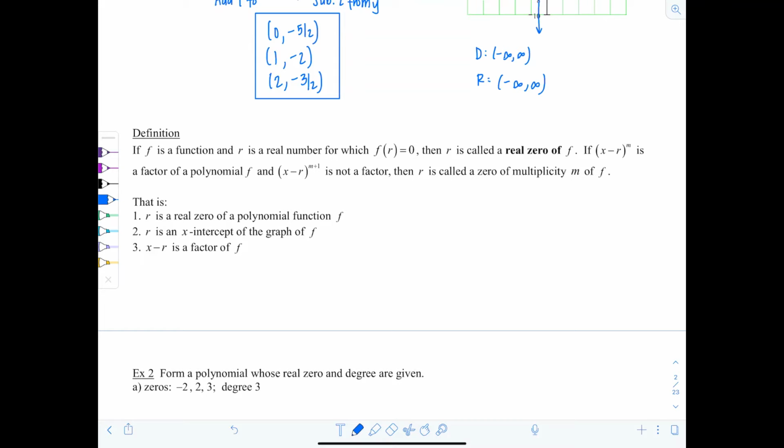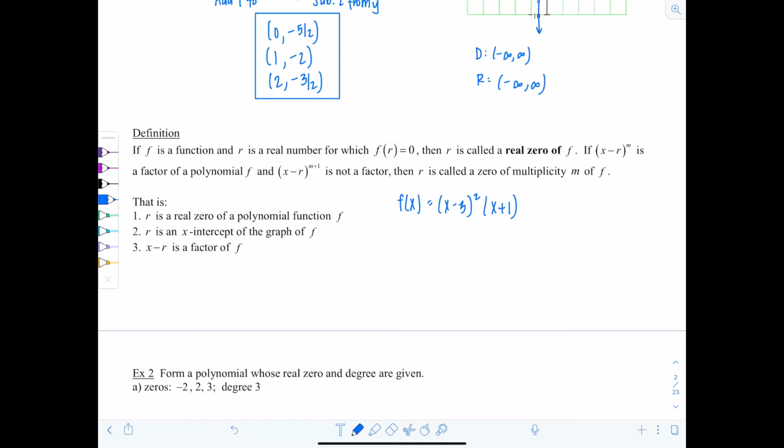So if x minus r to the m is a factor of a polynomial f, and x minus r to the m plus 1 is not a factor, then r is called a 0 of multiplicity m of f. So watch, let me give you a random function. Hopefully this will help. So say f of x equals x minus 3 squared times x plus 1.